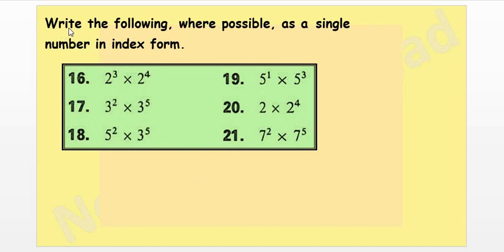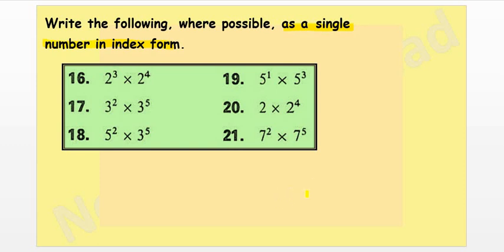Here they are saying write the following where possible as a single index number in index form. Why did they use this word, single number in index form? Because in the introduction I told you that when the bases are different, it's not possible to write it as a single base with the index.